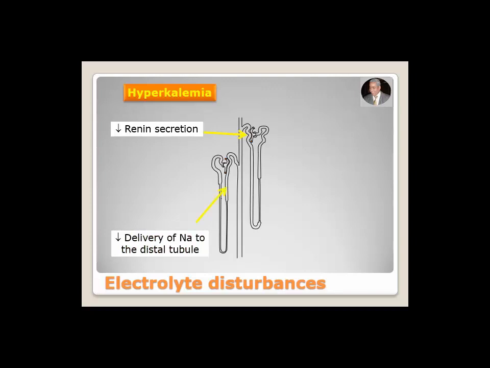It may also be secondary to sodium reabsorption. This decreases the amount of sodium delivered to the distal tubules. The distal tubules usually exchange this urinary sodium for blood potassium.